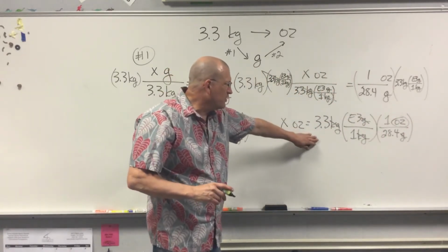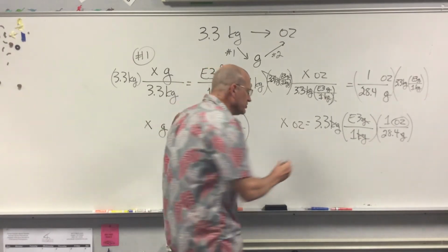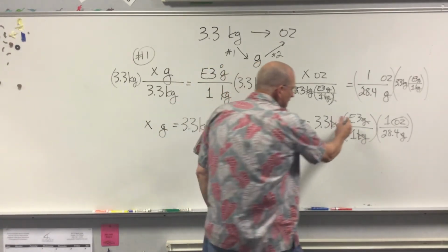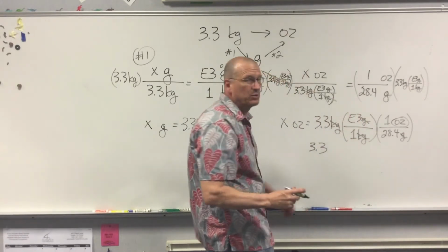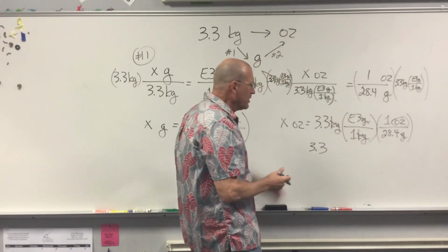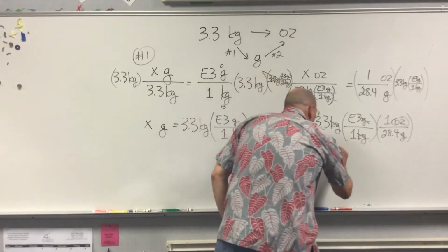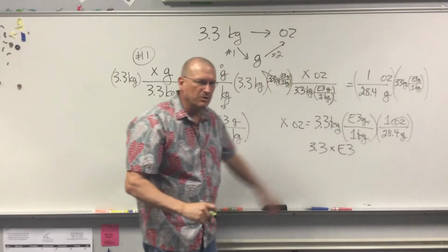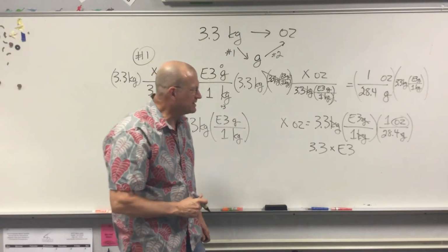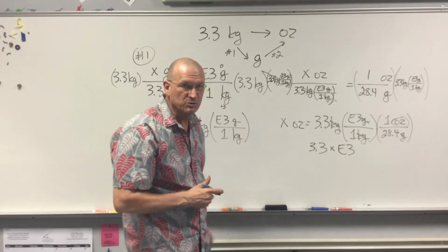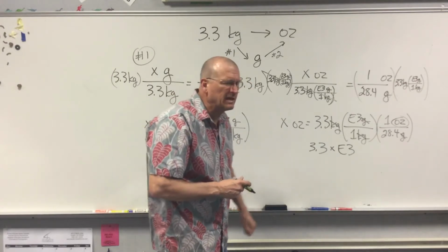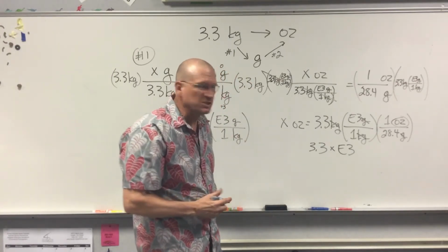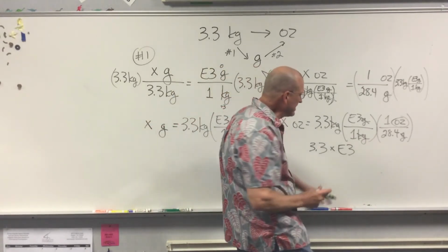In terms of what math this tells us to do, it tells us to start with the number 3.3, and then because we have E3, which remember is 10 to the third, over 1, that means we would multiply by E3. I leave the E there because most calculators that I'm aware of are starting to use this notation, and I think it helps make some of the calculations a little quicker if you take advantage of that.